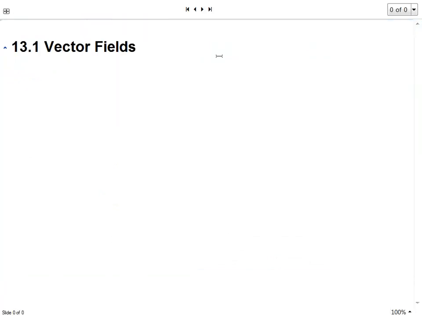All right, there's a lot of things to look at here. Chapter 13 is the chapter on what's called vector calculus. We're going to do a lot of calculus, but now we're going to throw the vectors into it. Before, we did some derivatives of vectors, but we never did anything other than that.